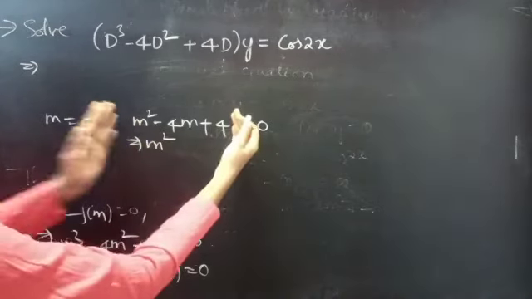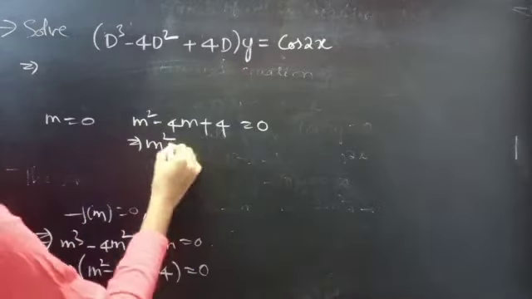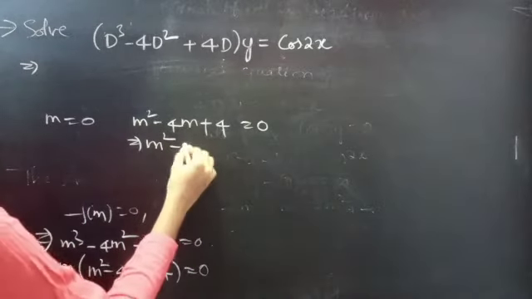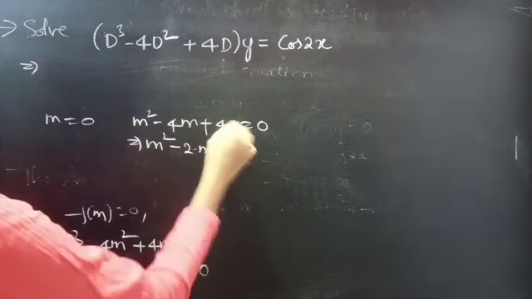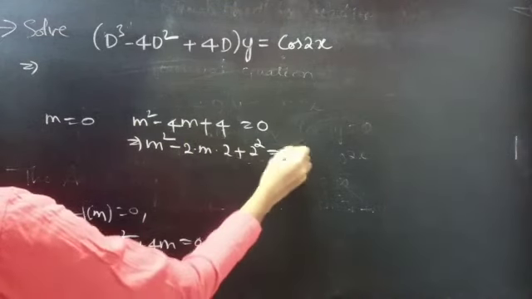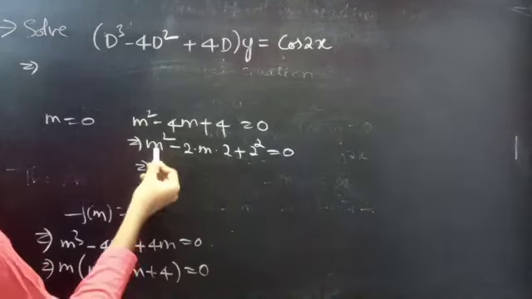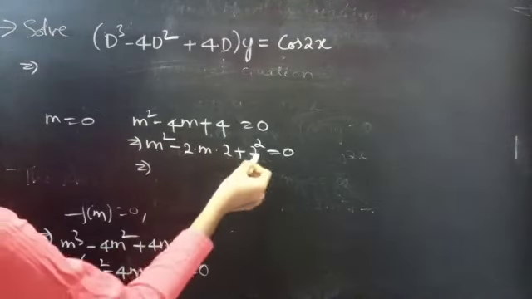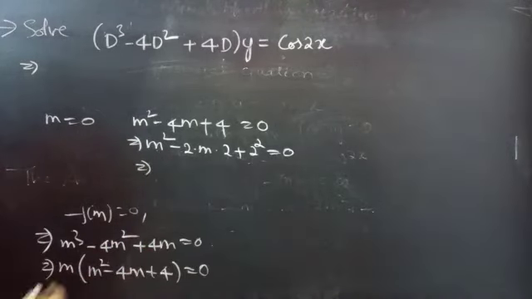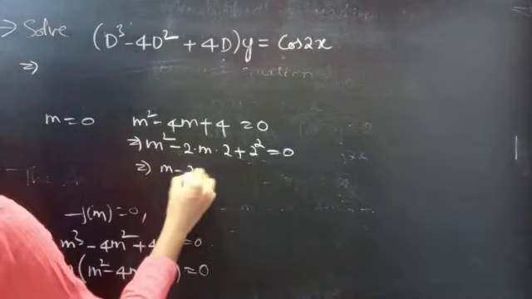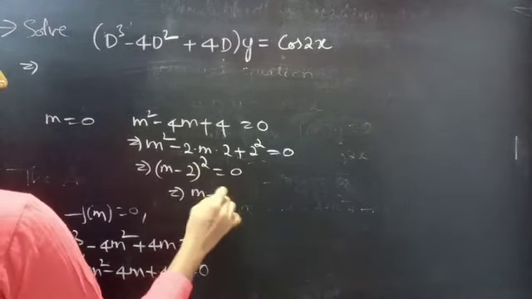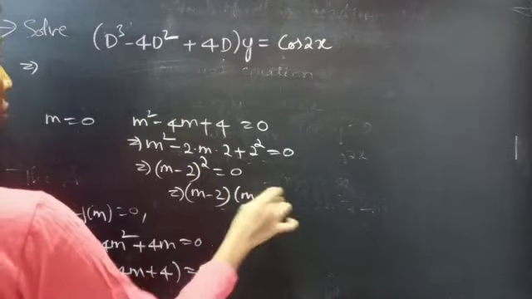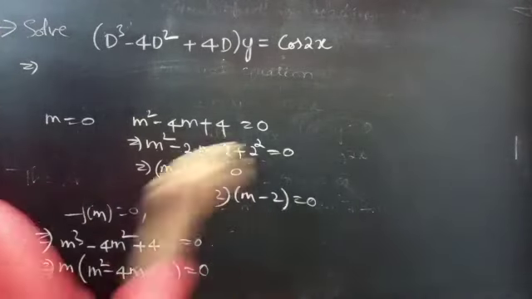We can just factorize it, or we can write minus 4m as minus 2 into m into 2 plus 4 as 2 square equals 0, which is in the a square minus 2ab plus b square expansion of (a minus b) whole square form. From this we'll get (m minus 2) into (m minus 2) equals 0.